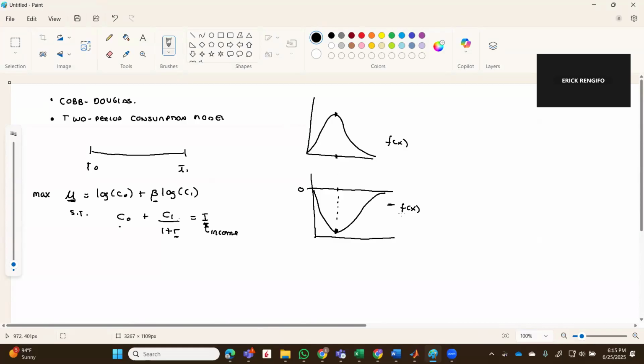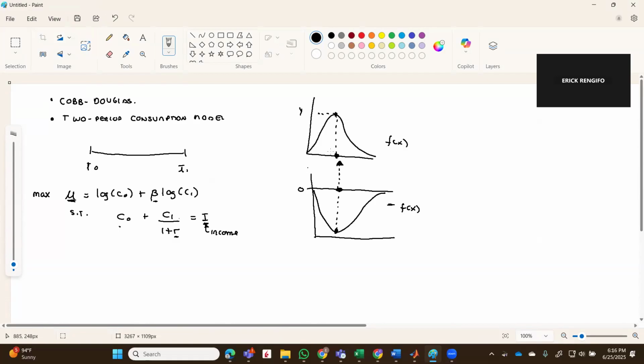Do you agree, guys? Once I find this point, I simply use it to find the maximum that is given by this y here. Everyone understand this part here?